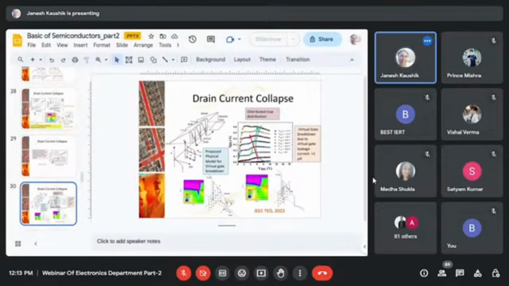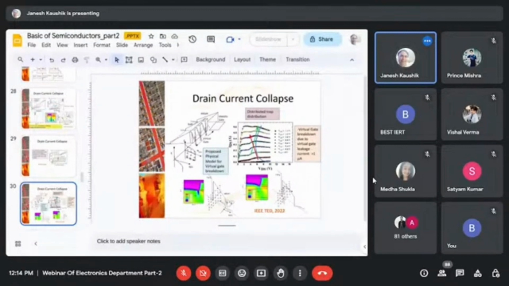Actually, that n plus, n minus, n plus region is formed, but when we increase the drain voltage, the electron strikes this diode which is formed in the channel, and that gives the impact ionization. But this impact ionization is a controlled one. It doesn't go infinitely or give a breakdown, but it breaks down the virtual gate, and this is a self-sustained phenomenon.